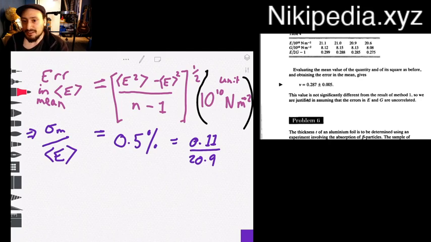And we say this value is not significantly different from method 1, so we are justified in assuming that the errors in E and G are uncorrelated. You could do a kind of test on those values if you had more samples from different materials, I guess, as well.